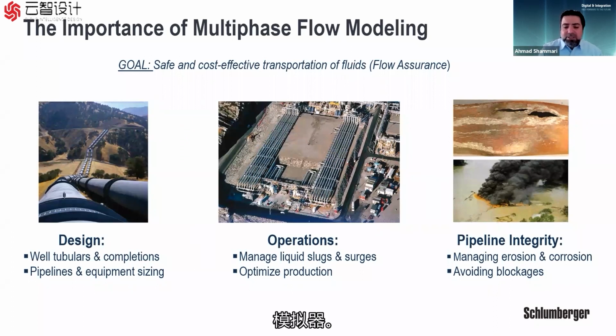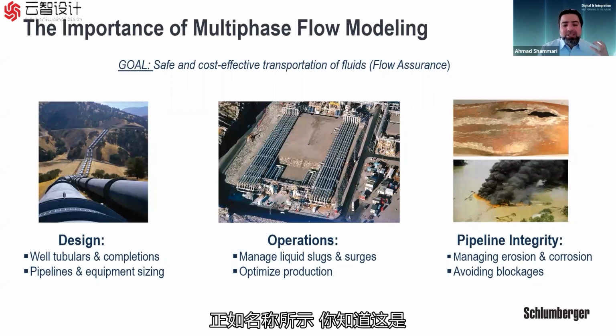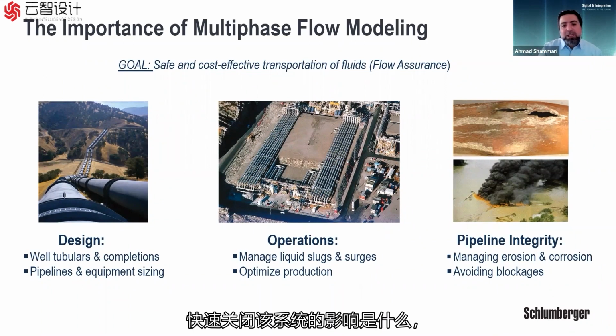The main difference between them is that, as the name states, PipeSim is steady state, meaning we don't take into consideration the disturbance time. That's why there is no time concept in PipeSim showing the impact of, say, opening a well quickly or closing the well quickly, and what the disturbances in the system are. This is mainly used by Olga.